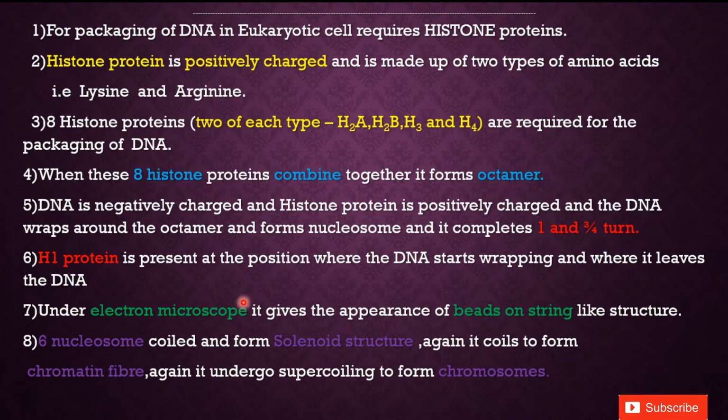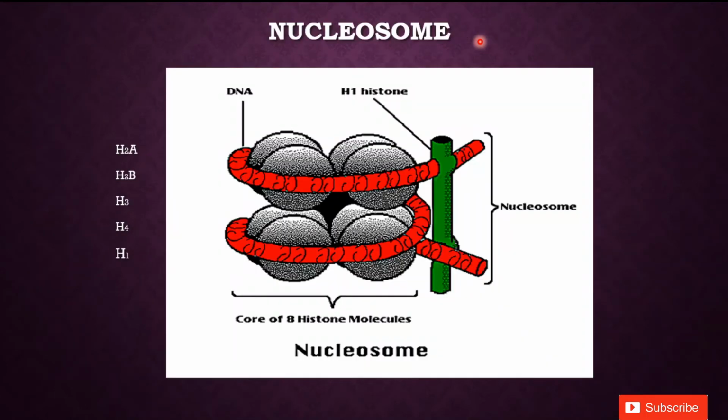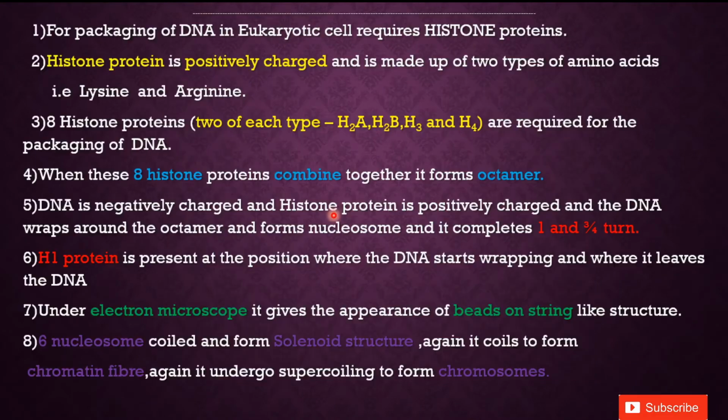Now see what happens here. I am going to explain the packaging. For packaging, one protein is required. That protein is called histone protein. For packaging of DNA, one protein is required, and this type of structure is called packaging.